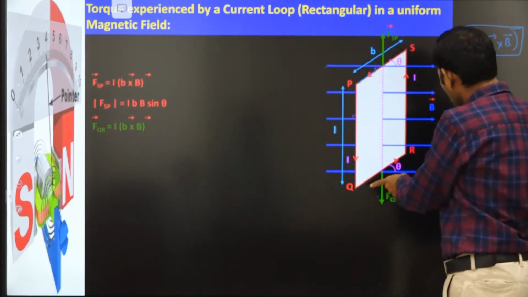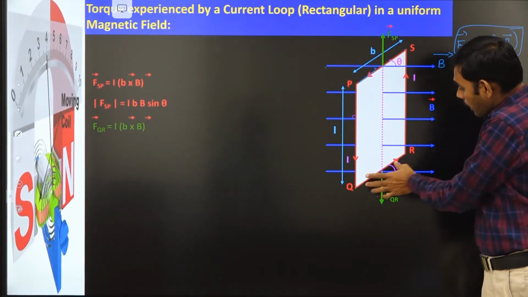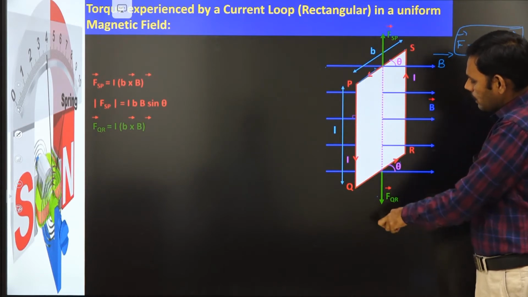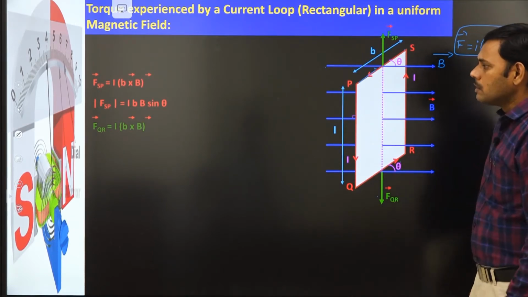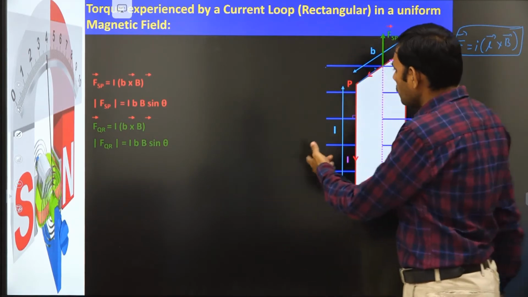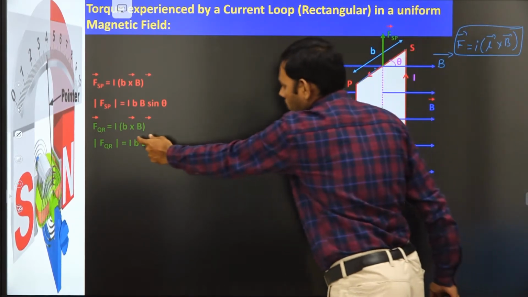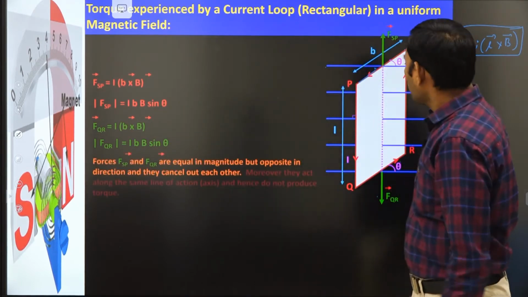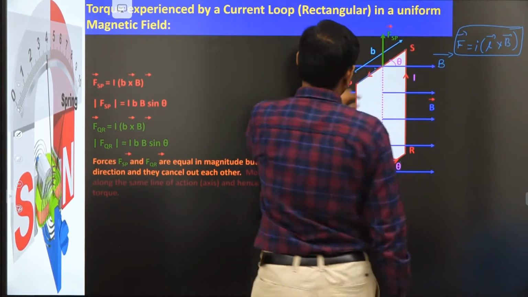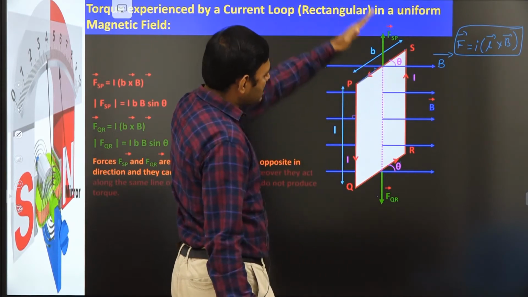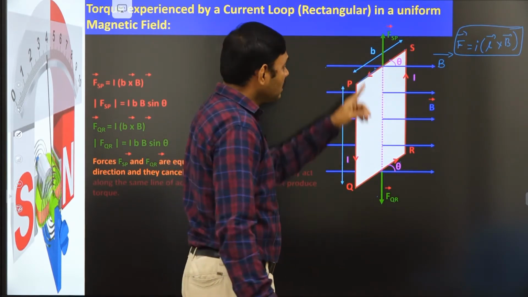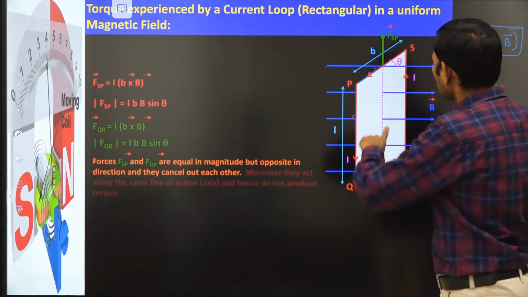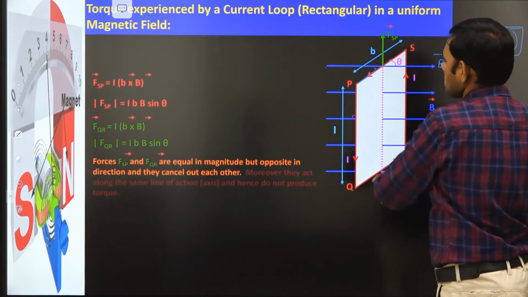Similarly, QR, the lower arm of the rectangular coil: I explained the force direction, downward by Fleming's left hand rule, and magnitude is I small b capital B sin theta. So these two are equal and opposite in direction, therefore they cancel each other. Net force due to these two arms is 0.